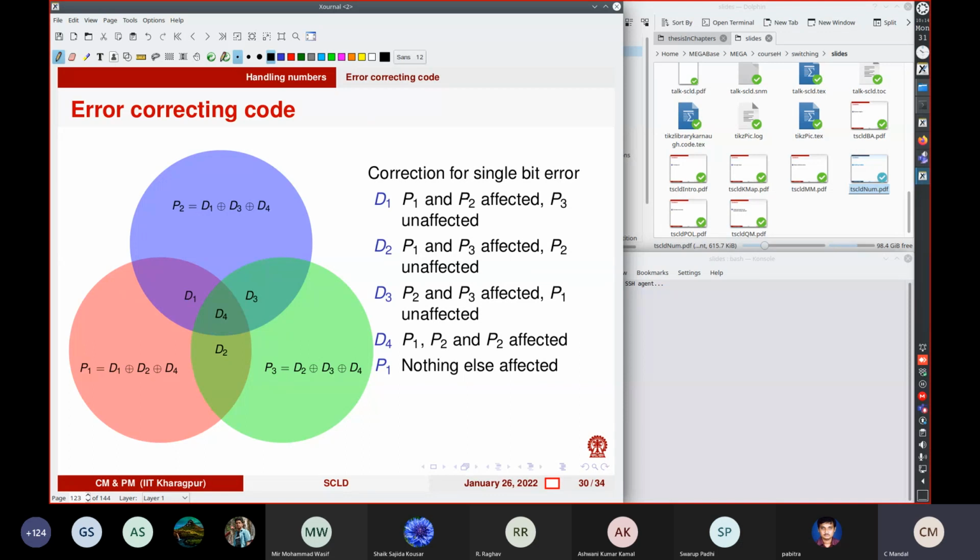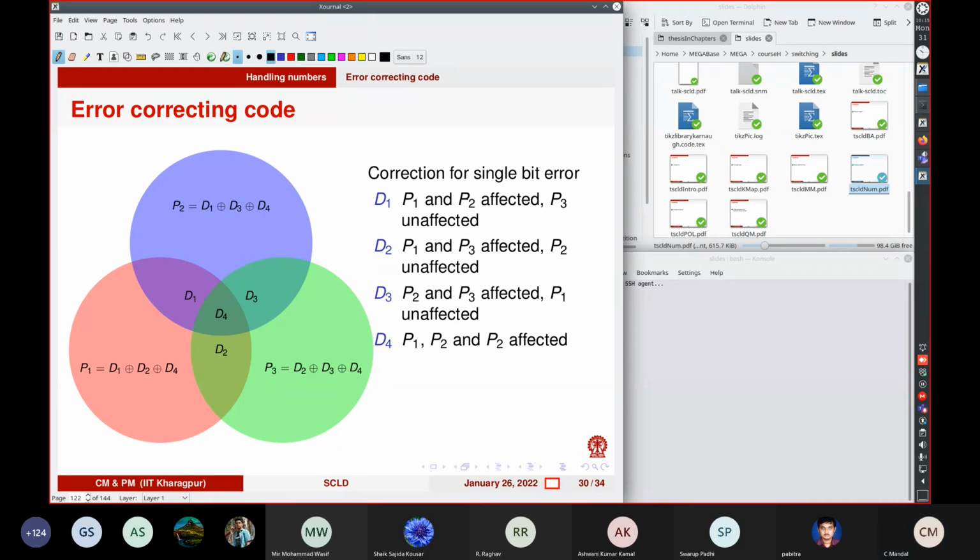Now, as we saw, any error in the data bits introduces changes in 2 to 3 parity bits.